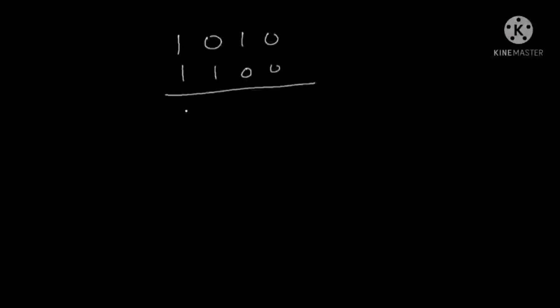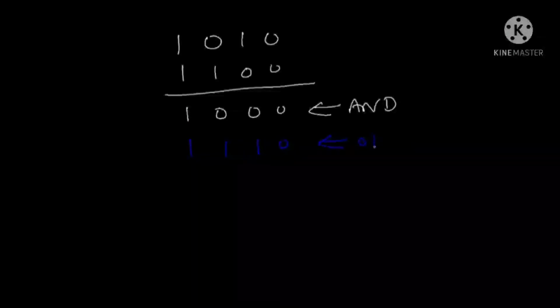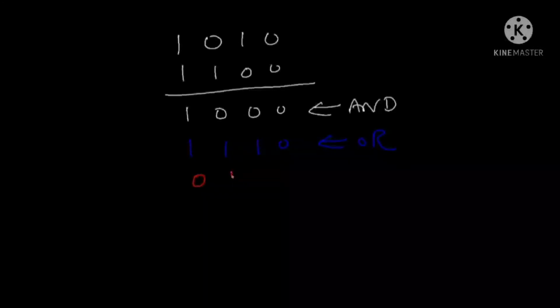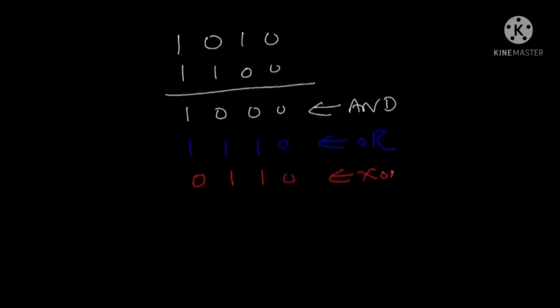So the result will be 1000 for AND operation, it will be 1110 for OR operation, and it will be 0110 for XOR operation. We already studied AND gate, OR gate, XOR gate in hardware during our digital electronics module. So we are doing the same thing in software.